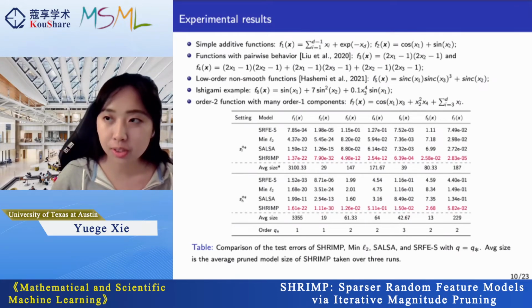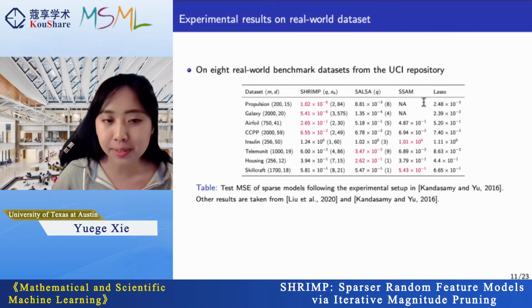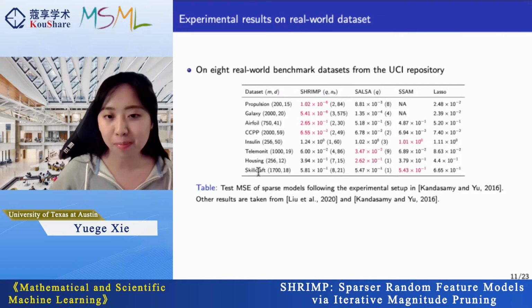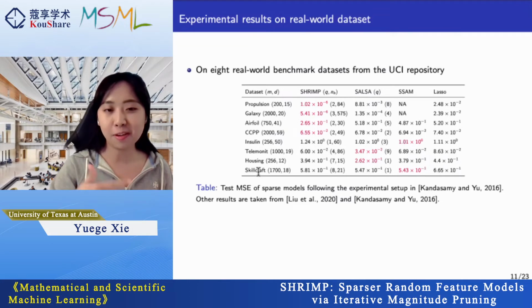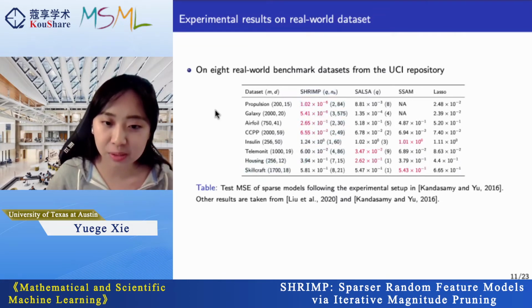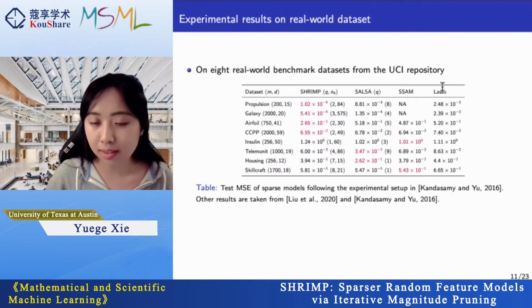Beyond the synthetic function approximation, we also evaluate shrimp on real-world data sets. This table shows our performance on 8 real-world benchmark data sets from the UCI repo. Those are real-world data sets, either from physical systems or some interesting data sets like housing. For those data sets, we also compare shrimp with SALSA, SSM, and LASSO.